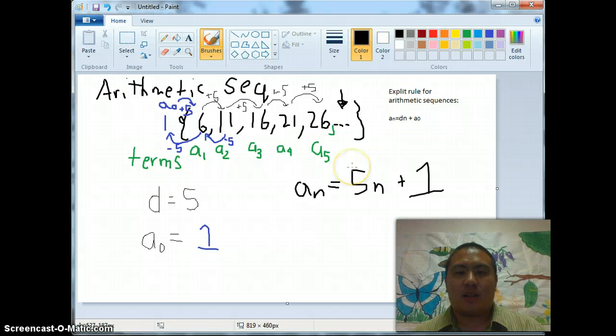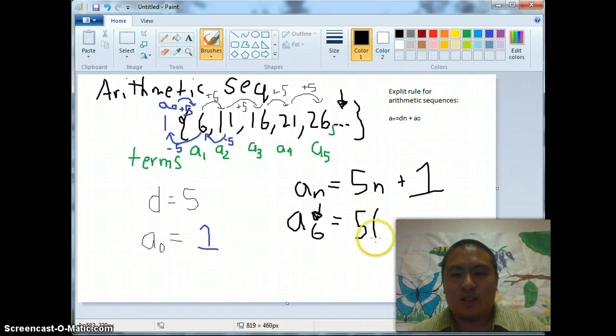Okay, paused. Alright, so let's look for a sub 6. When I did that, what did I change my n to? I changed it to 6, so a sub 6 is equal to 5 times, and since I changed my n to 6, I have to change this n to 6 as well, and then plus 1.